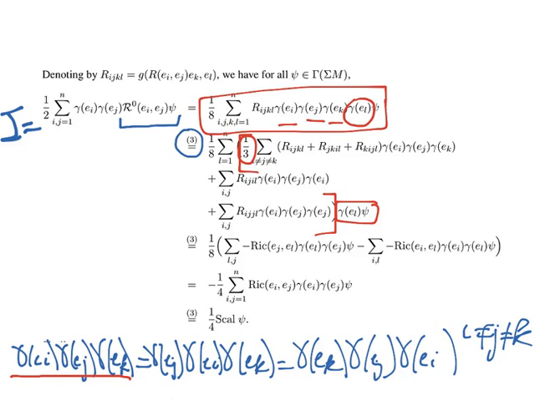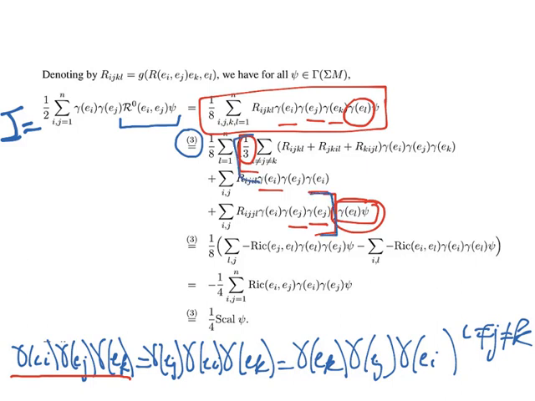Then you still have the other two cases: when k is equal to i, and when k is equal to j, the last part of this summation. So you get R_ijil, gamma e_i, gamma e_j, gamma e_i, plus R_ijjl, gamma e_i, gamma e_j, gamma e_j, and of course I have isolated gamma e_l, so this is for the whole 1/8 summation.